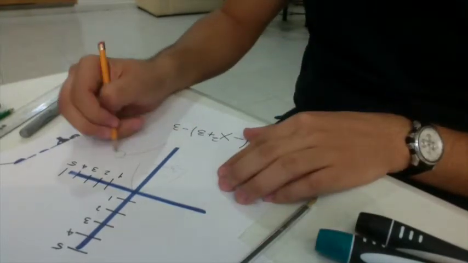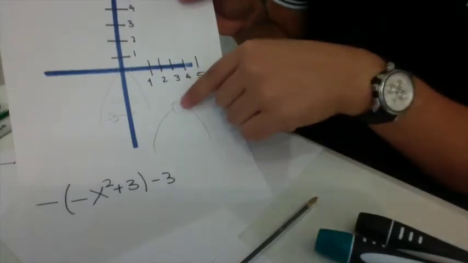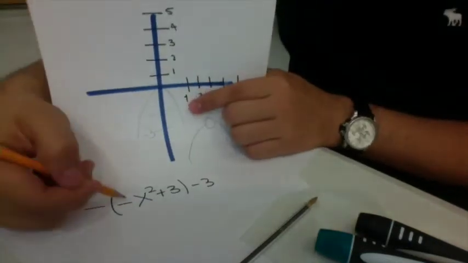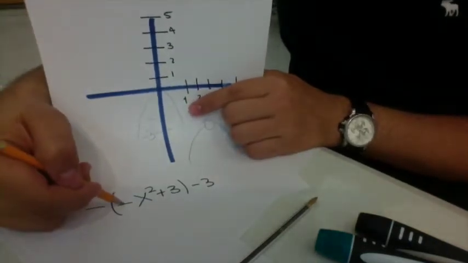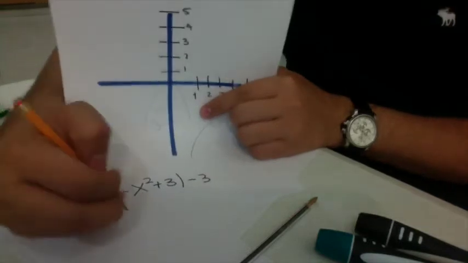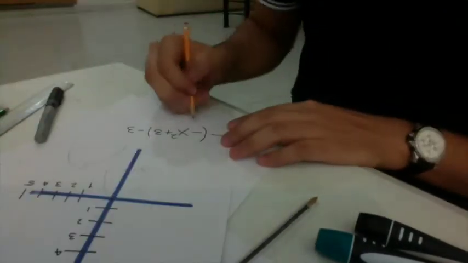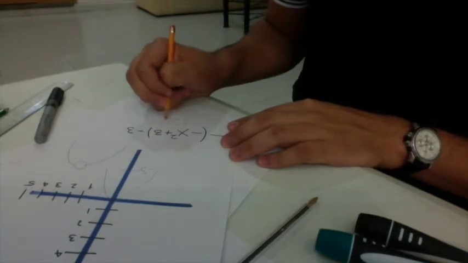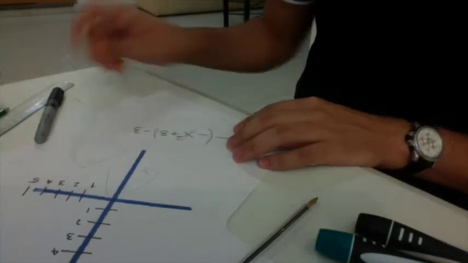So here we start to graph. Here is 3 to the left and 3 down. Why? Because this is a minus x. For example, minus x plus 3 equals 0. It's minus x equals minus 3, so x equals 3.